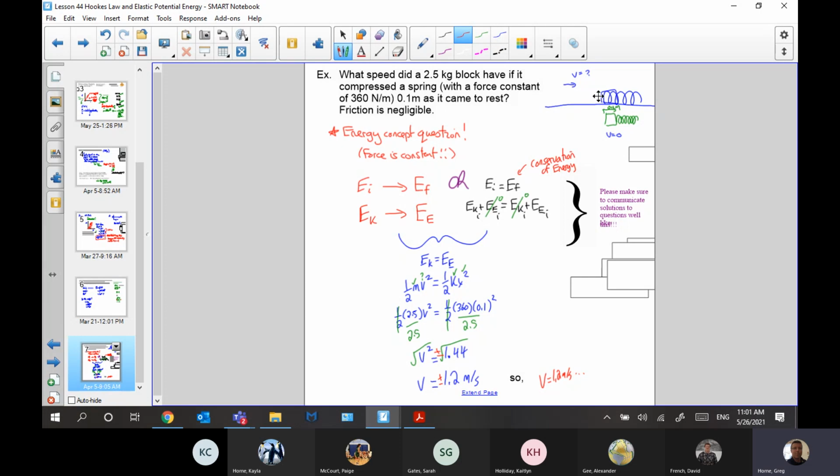And then the spring would push it back out, and it would go off with that kinetic energy again. So you have to think as you're coming into the situation, you've got all of your energies. So you've got kinetic energy, but you don't have any elastic potential energy because you're not touching a spring. And then in the final case, all of your kinetic energy is gone, of course, right? 0.